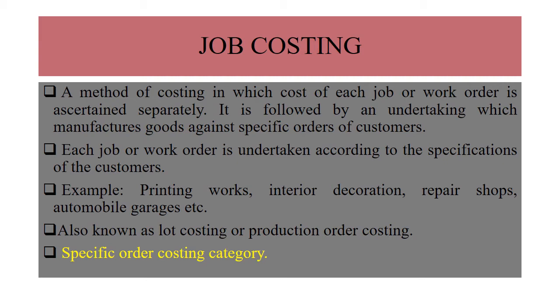The industries suitable for this method of costing include engineering industries, construction industries, shipbuilding industries, etc. The purpose of job costing is to determine the profit made on each job, as this will help for future planning.